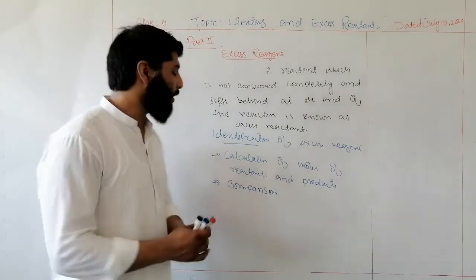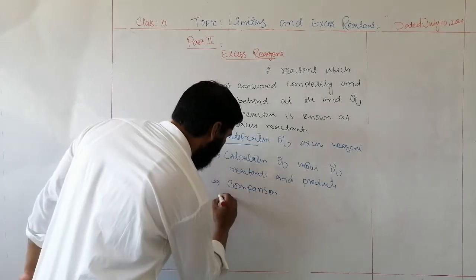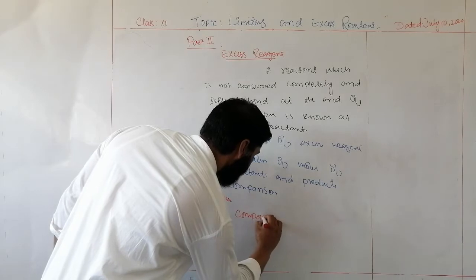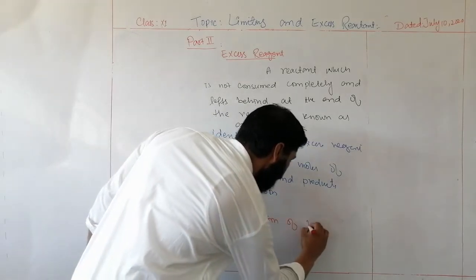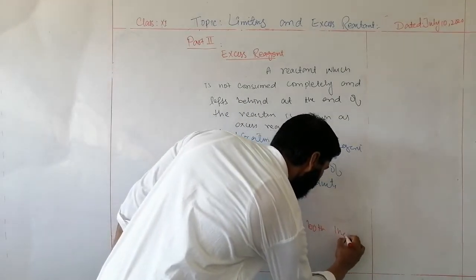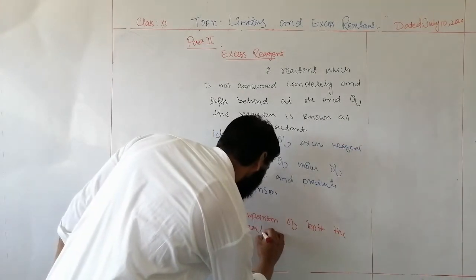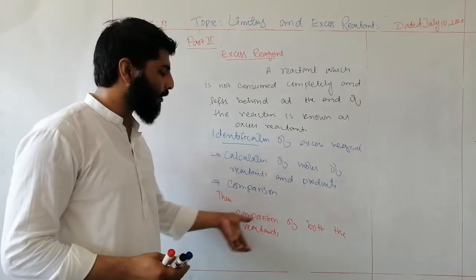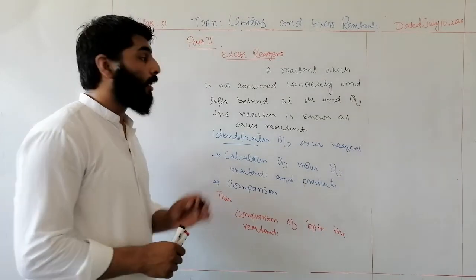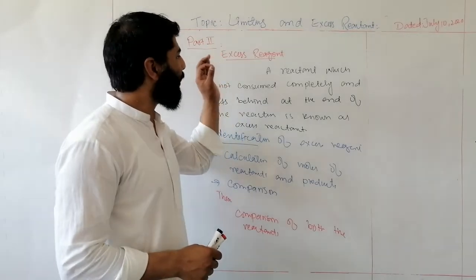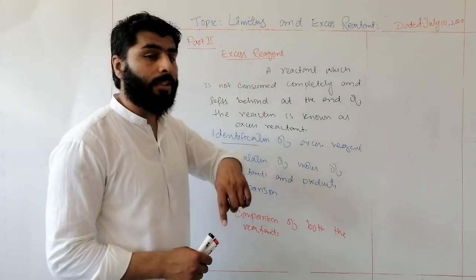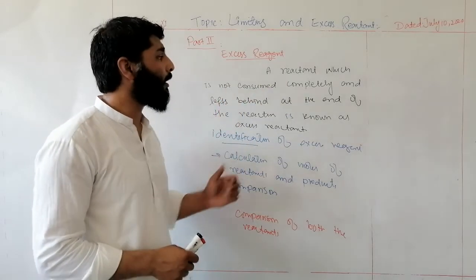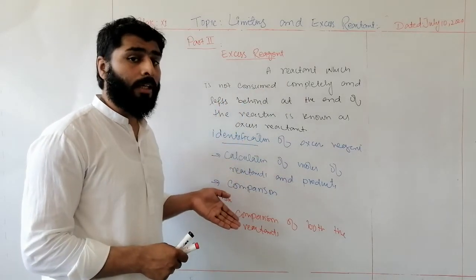For this purpose, we have to compare both the reactants with one another in order to find the quantity of the excess reagent used in the reaction and the quantity of the reagent left behind at the end of the reaction.